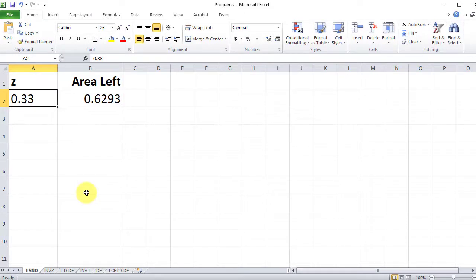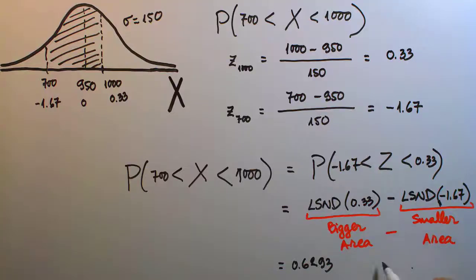With the negative 1.67 for z-score, the area shaded to the left would be, as indicated here with my LS&D program, 0.0474597. And now all we do is just bigger area minus smaller area.